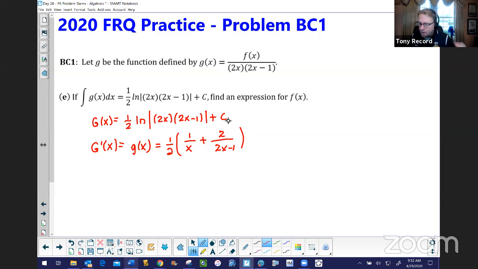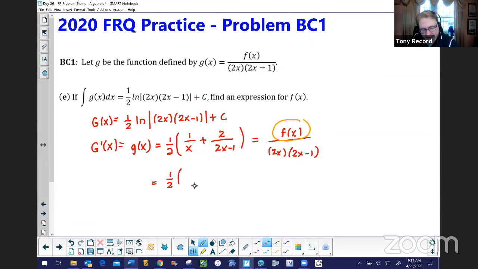So now, what do we do with this? Well, that's a great question. We know that g of x is equivalent to the expression we see in the original stem of the problem, f of x over 2x times (2x minus 1). This allows us to isolate the f of x that they want us to find, which can be accomplished by multiplying over the 2x minus 1 expression.